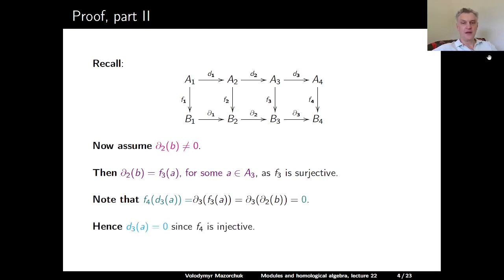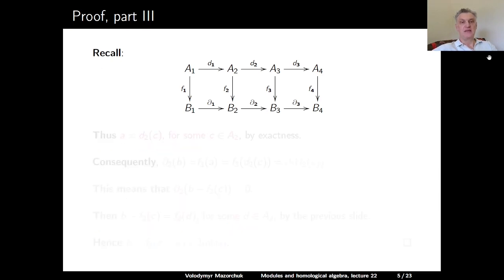Therefore, since we have assumed that f4 is injective, the element d3 of a is necessarily 0, because if we apply f4 to it, we get 0. But then this means that the element a belongs to the kernel of d3. Since we have assumed that the first row is exact, this means that we can write a as d2 of some element c in A2.